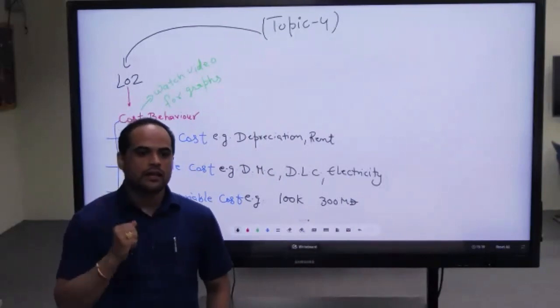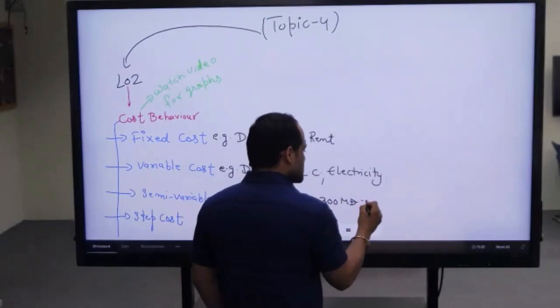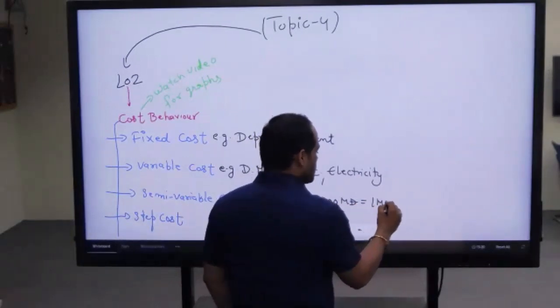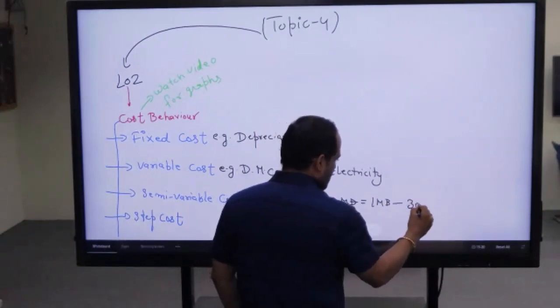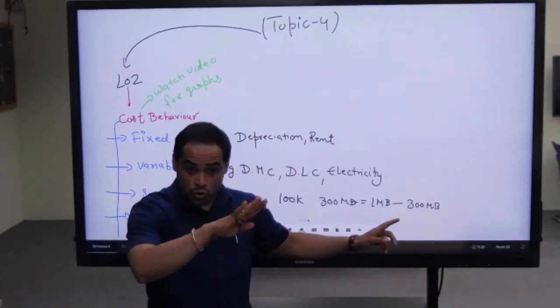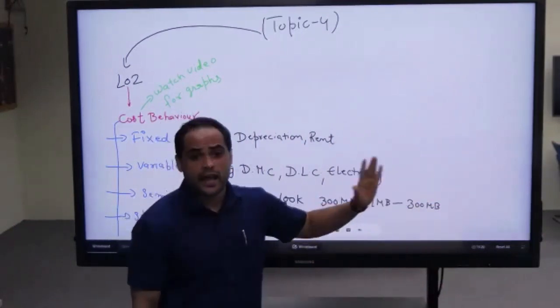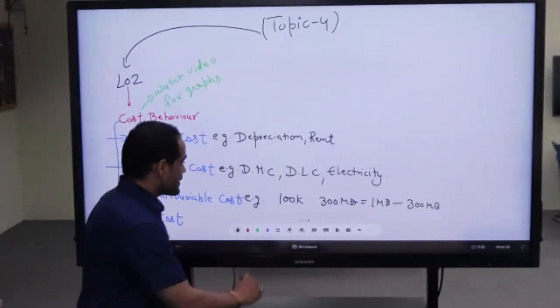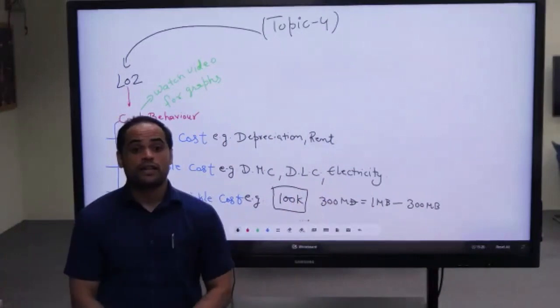So what does it mean? It means no matter whether you use 0 MB, you do not use any internet, or you use 1 MB or you use 300 MB, your cost is fixed, which is 100,000 Vietnam dong.